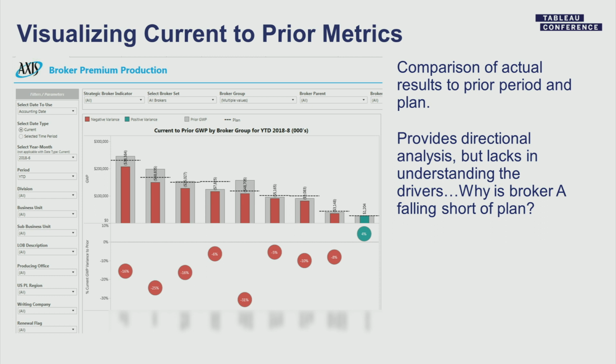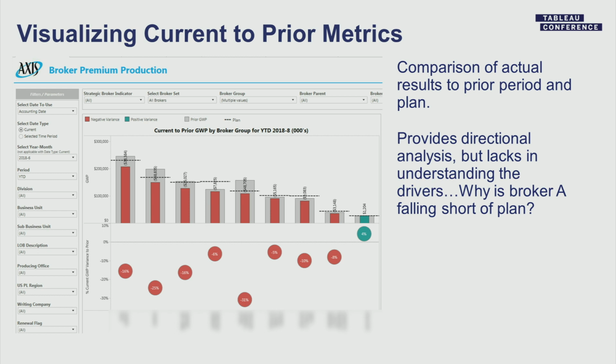This dashboard shows performance of brokers comparing current to prior to plan amounts, which is great, and it shows a lot of information. And there's a lot of options. You can see all the filters down the side and other parameters across the top, and it's very dynamic and shows where performance is relative to time.